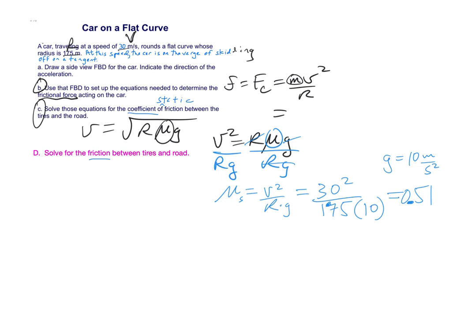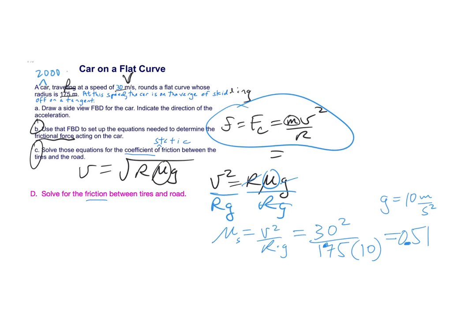So what if I wanted to solve for the friction between the tires and the road? I need the mass to do that. So I'd have to tell you, let's say, a 2,000 kilogram car. That would have to be given.